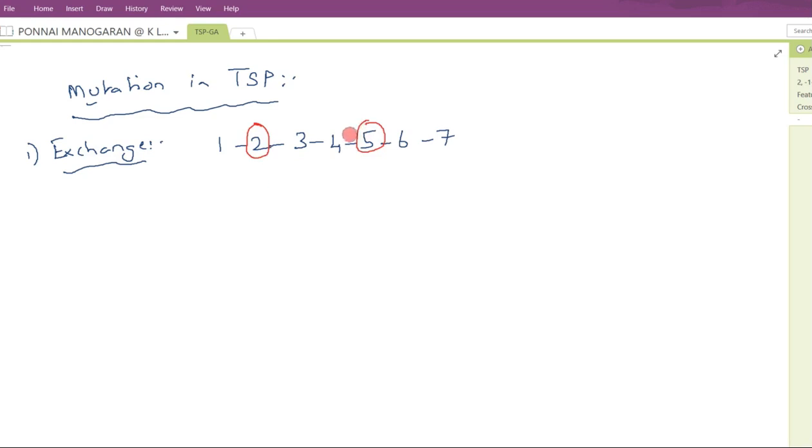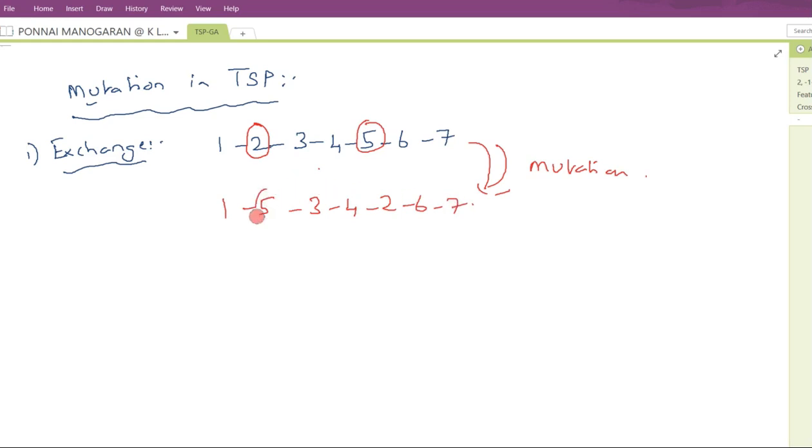The mutation type is exchange, so if you apply the mutation, the result will be something like this: 1, 5, 3, 4, 2, 6, 7.